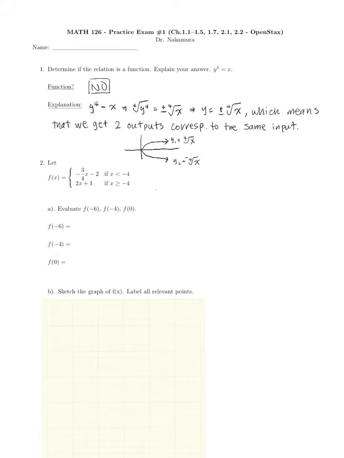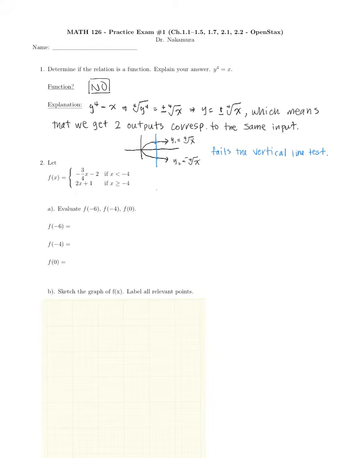The vertical line test determines whether the graph defines a function or not. If I chop it here, it's going to intersect the graph at 2 points. So therefore, it fails the vertical line test. That means that it is not a function. That's just another way to look at it.